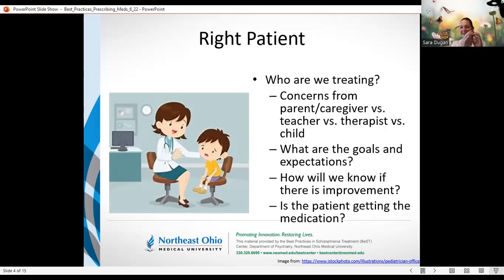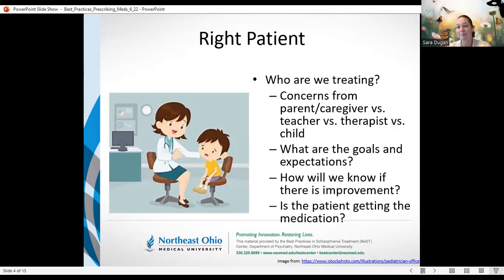So really thinking about not just who's getting the medication, but where we are getting some of this information from. Because especially with mental health, it's really important that we get feedback to ensure that what we're doing is improving the overall functioning of the patient.